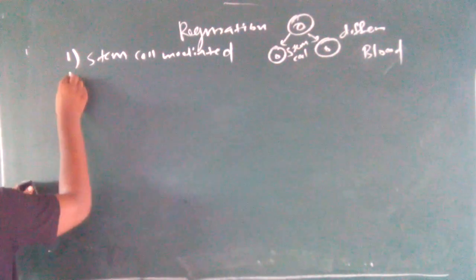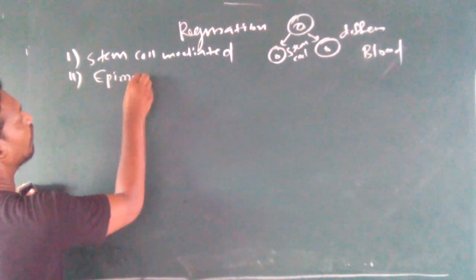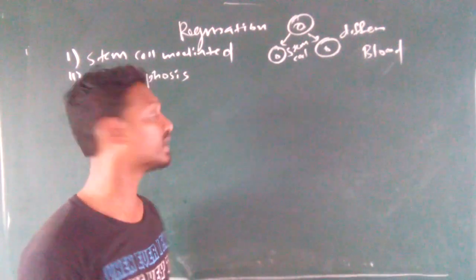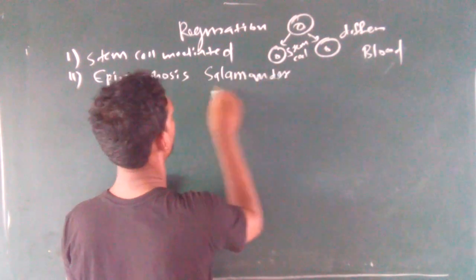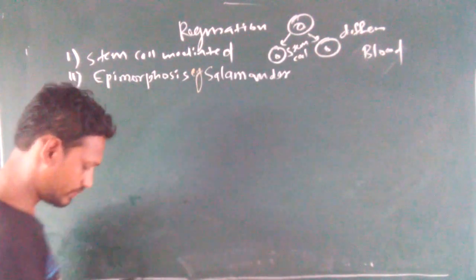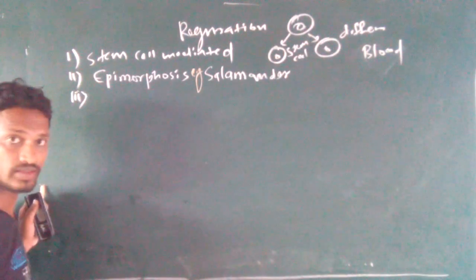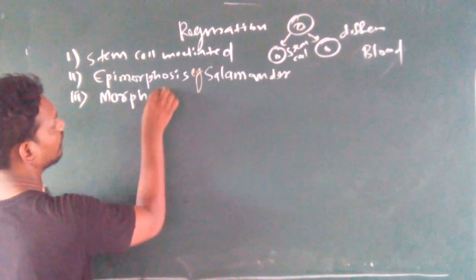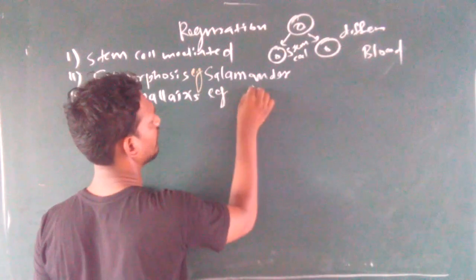Now, the second most important type of regeneration is epimorphosis. It is an advanced type of regeneration which takes place inside the salamander. That is an example of epimorphosis. Now, the third kind of regeneration is morphallaxis. It takes place inside the hydra.